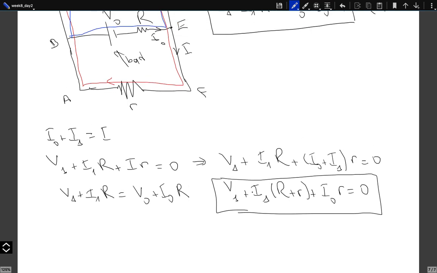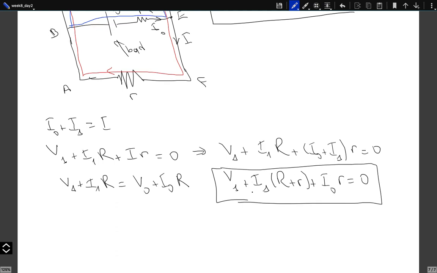I'm more interested in I0 at the moment. I want to know whether that battery provides the current or whether the battery is being charged. So I want to know the sign of I0. If I0 is positive, then it is also providing a current to my car. But if I0 is negative, it means I'm actually charging my V0.